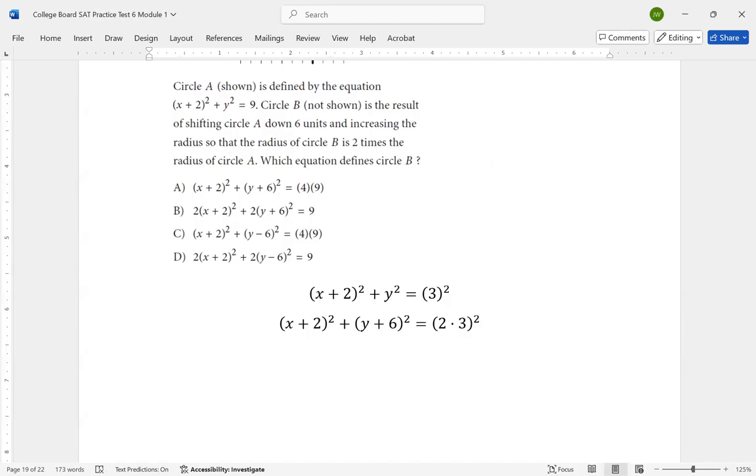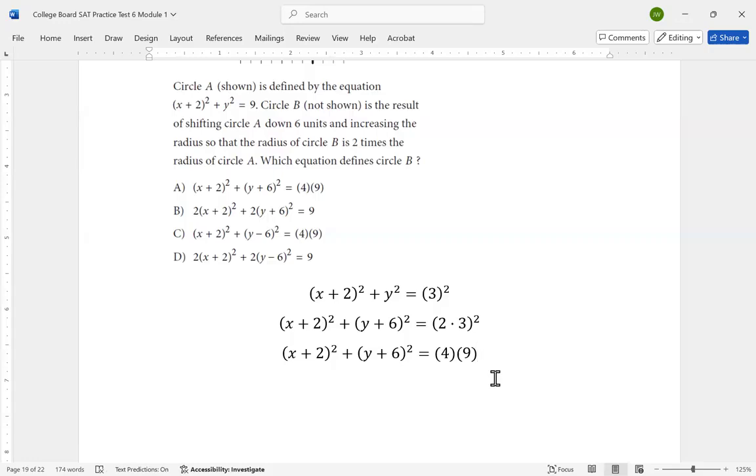But I want to point something out. Our options on the right-hand side don't say 36, they say 4 times 9. The reason they do is because of this idea. So we get (x plus 2) squared plus (y plus 6) squared is equal to, I could have written this as 36, but I'm going to keep it as 2 squared, which is 4, times 3 squared, which is 9.